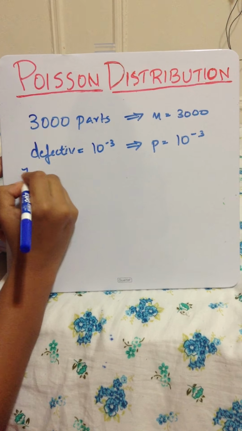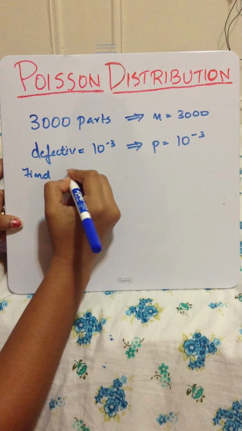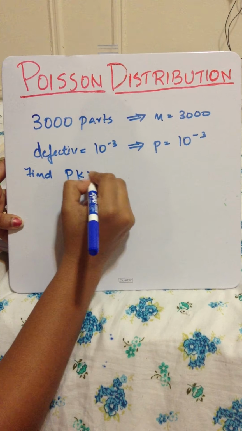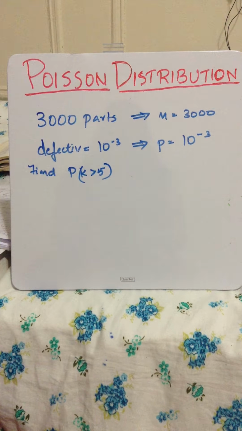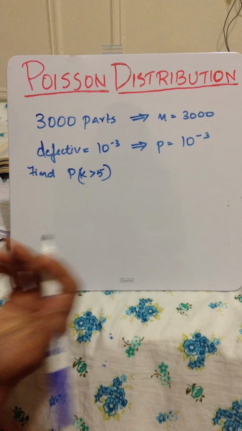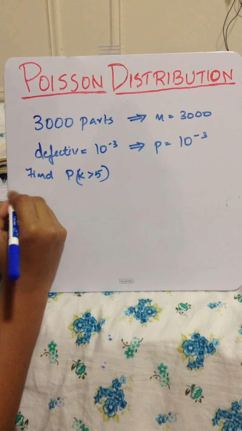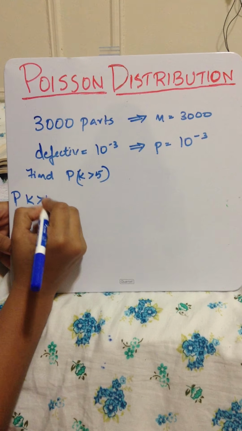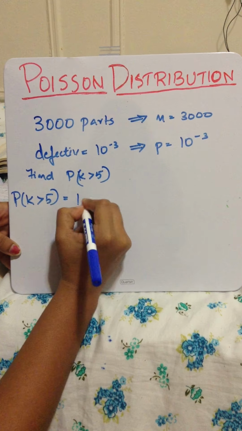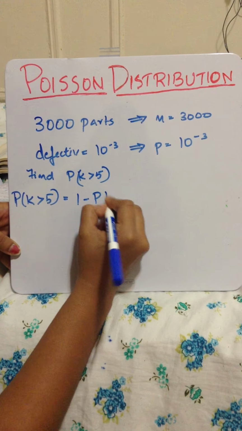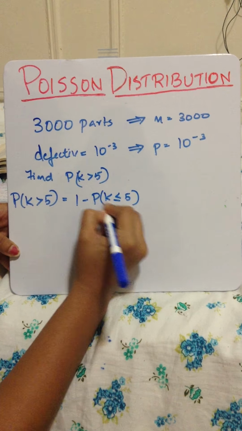Now the question is to find the probability of k greater than 5. That would be, what is the probability that there will be more than 5 defective parts. So we can just find the probability of k greater than 5 is equal to 1 minus the probability of k less than or equal to 5.